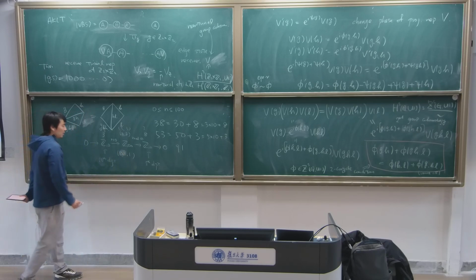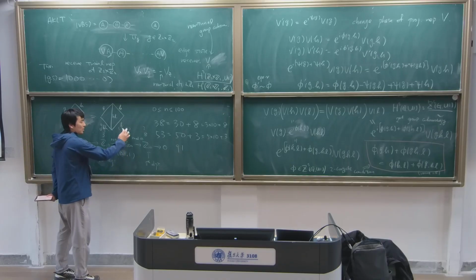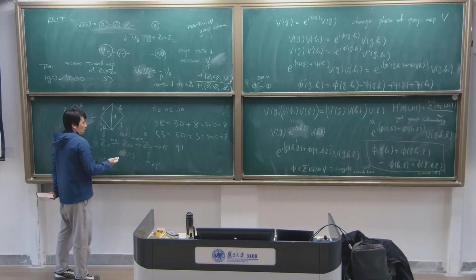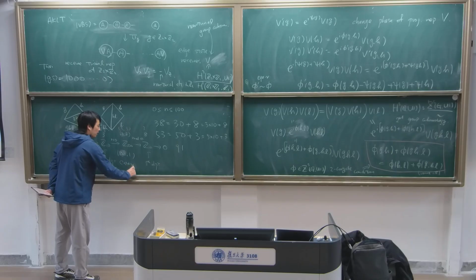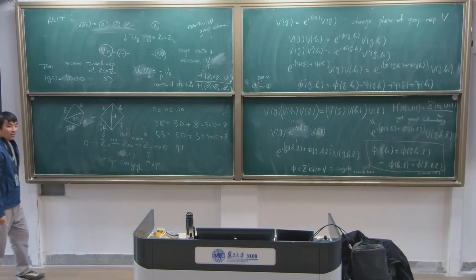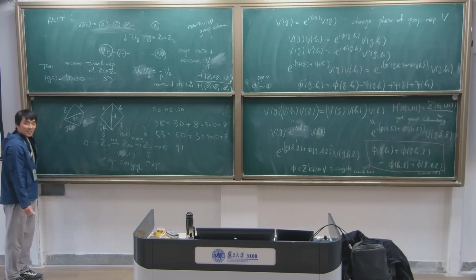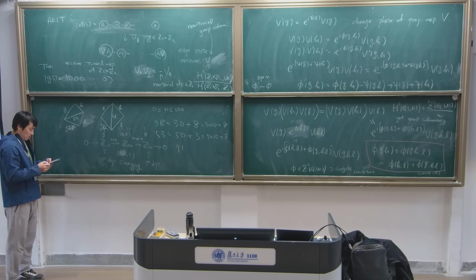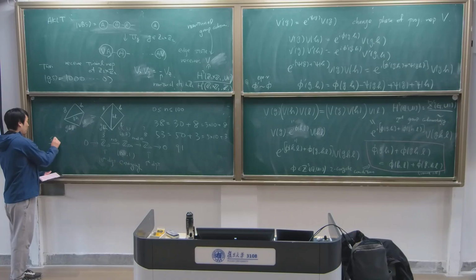In Japanese, this plus 1 is 38 plus 53 is 91. Therefore, you need a plus 1. This is for carrying in English. I don't know how they call it in Chinese. How do you call it in Chinese? So in Japanese, it's called like this.